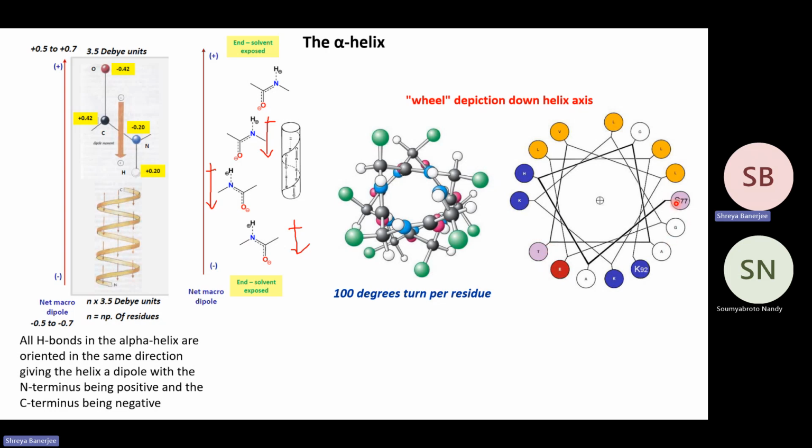In this diagram, you can see that starting from serine to alanine to histidine to glycine, 4 amino acids form around 1 turn of a helix. And the number of degrees that you turn per residue is around 100 degrees. So this is another representation of the helix.